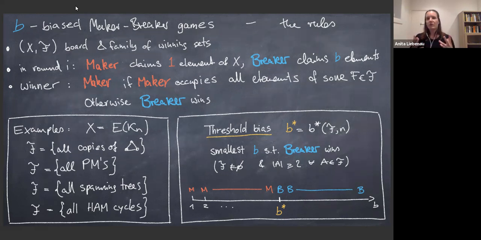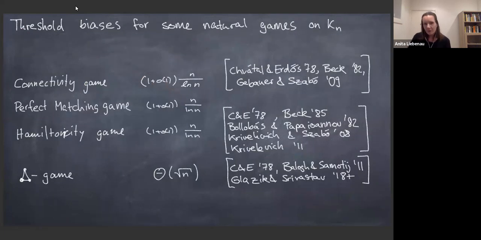So let me tell you what's known about the threshold bias for these natural games. The threshold bias for these 3 spanning games, the connectivity game, the perfect matching game, and the Hamiltonicity game, is always asymptotically equal to n over log n. And this goes back to the paper I mentioned already due to Chvátal and Erdős.